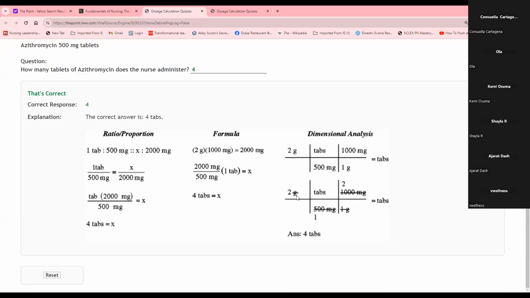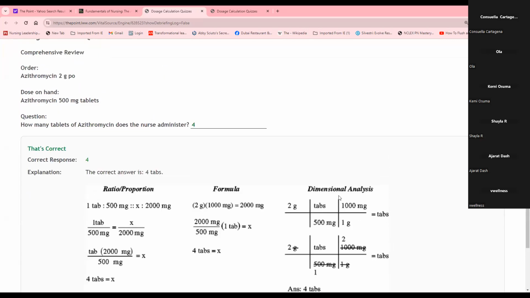Yeah, I did. And then I times it by 2. Why'd you times it by 2? Because I thought that step was done. So if you're going to convert the 500 to the 0.5, then you would just take 2 and divide it by the 0.5, and that should have gave you 4. Oh, okay. All right. Got you.